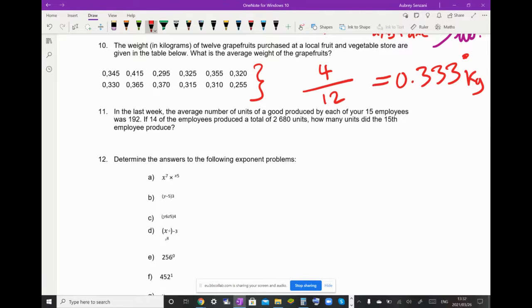Okay, this is interesting. So what must happen here? How do we calculate?